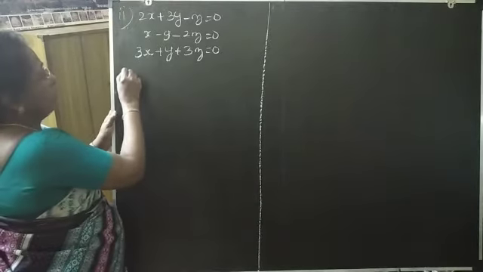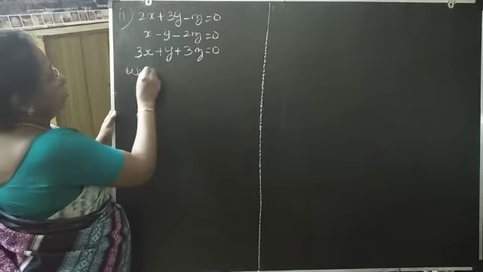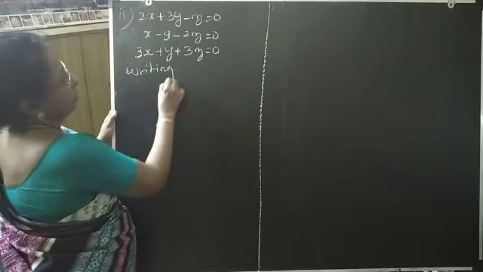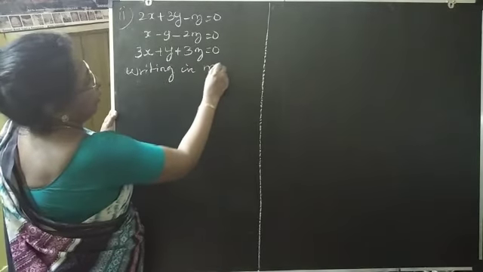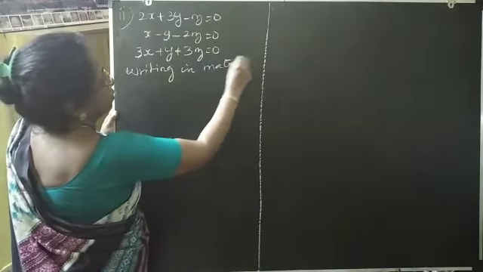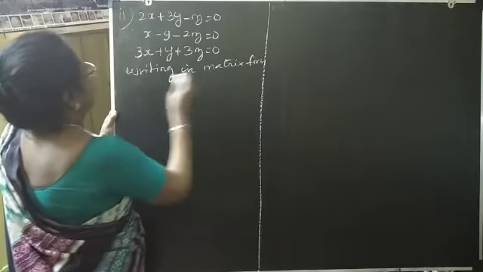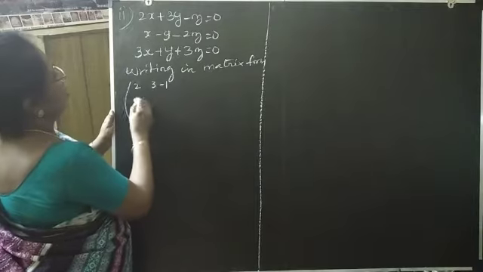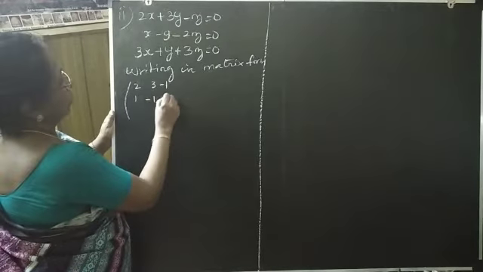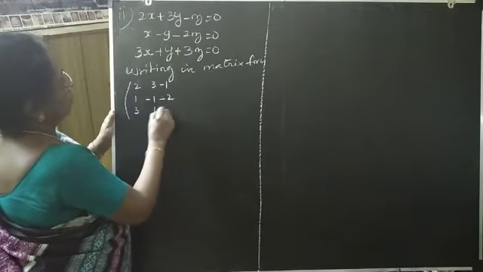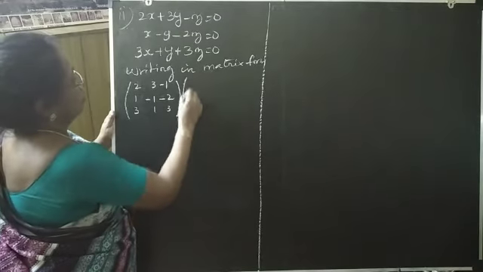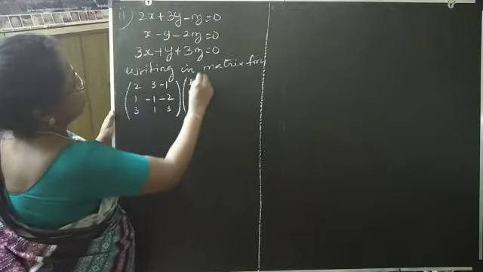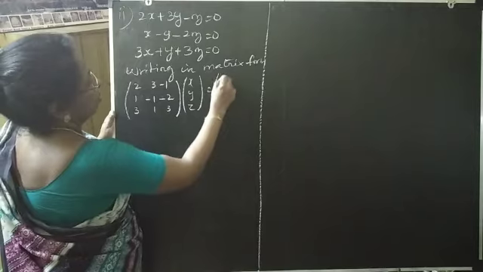Now, writing in matrix form, what do we get? 2, 3, minus 1, 1, minus 1, minus 2, 3, 1, 3 into x, y, z is equal to 0, 0, 0.